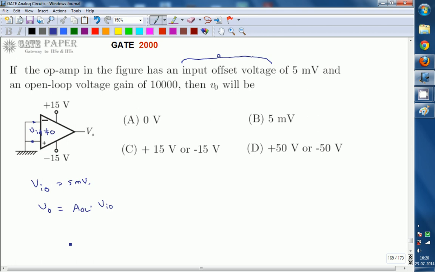That is what we call the input offset voltage, given as 5 millivolts, and the open loop voltage gain is given as 10,000.